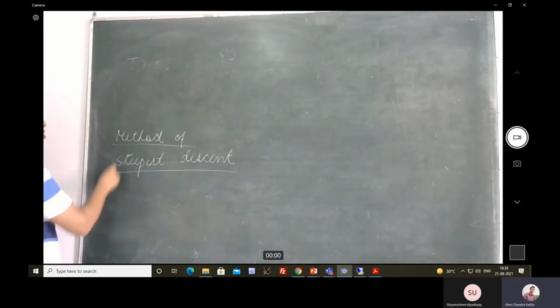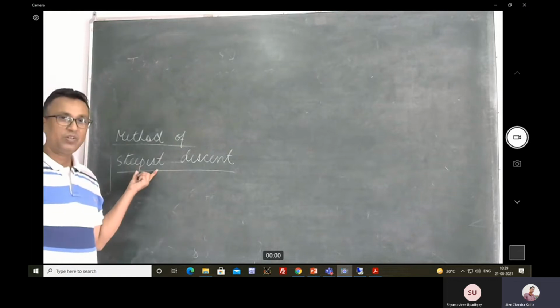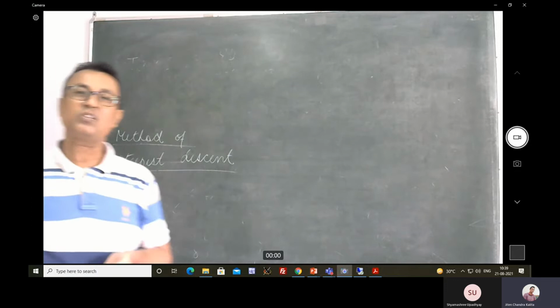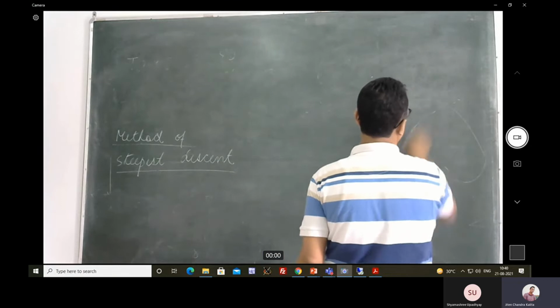It is exactly opposite to the method of steepest ascent. Ascent means when you are trying to climb a mountain. So suppose I am considering a mountain.